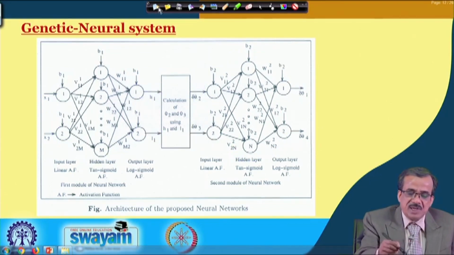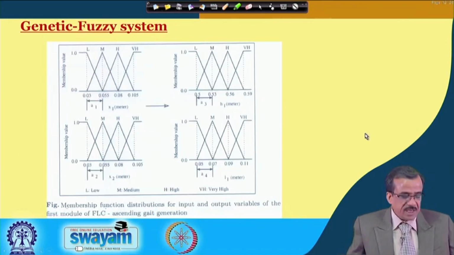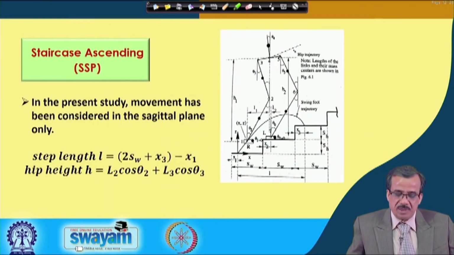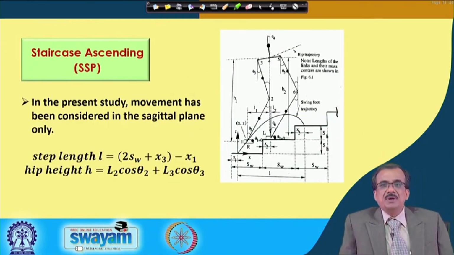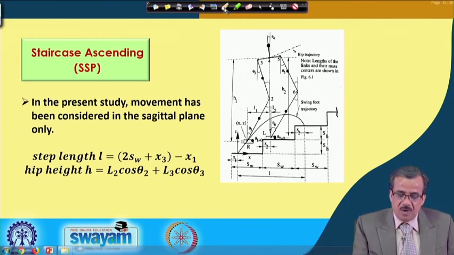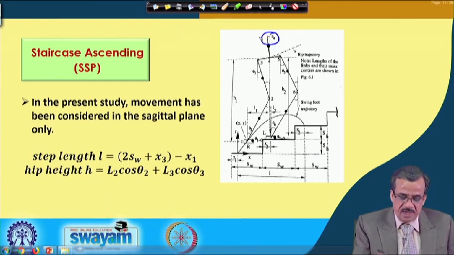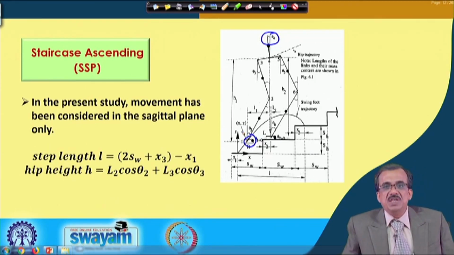Now, let me once again go back to the picture. Now, here if you see, what are we getting as output? We are getting as output the change in theta 4 and the change in theta 1, that is nothing but the change in joint angle for the swing leg.